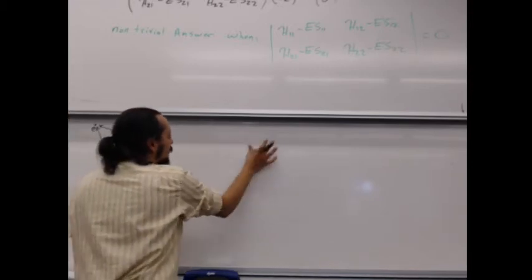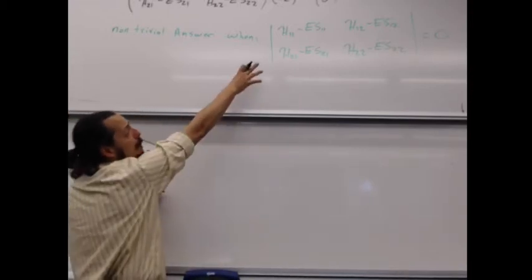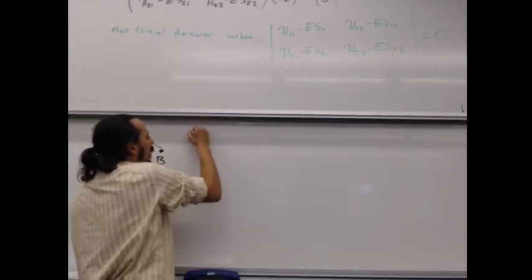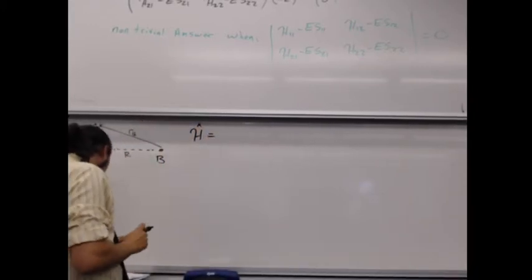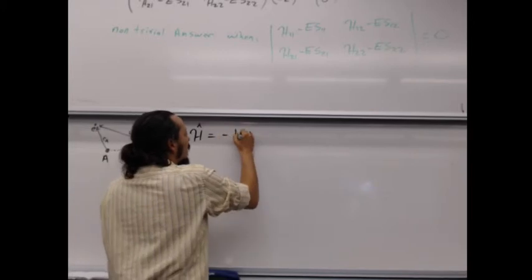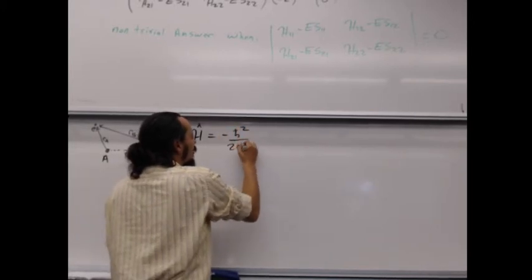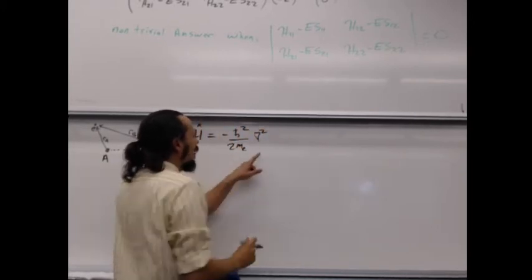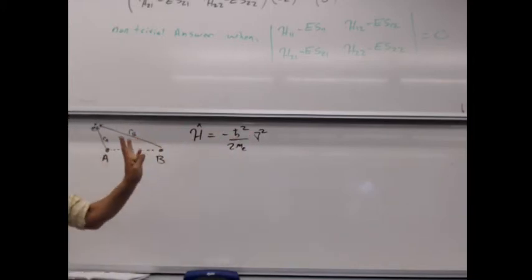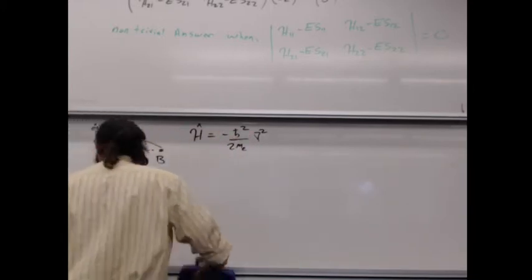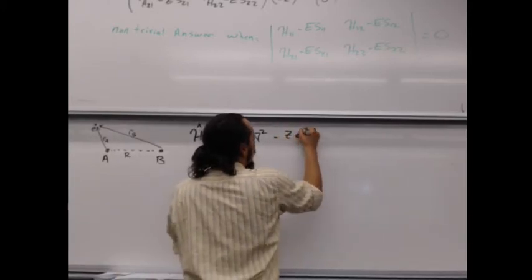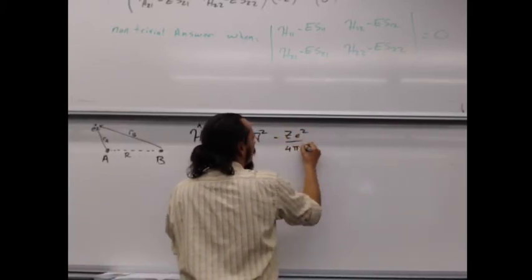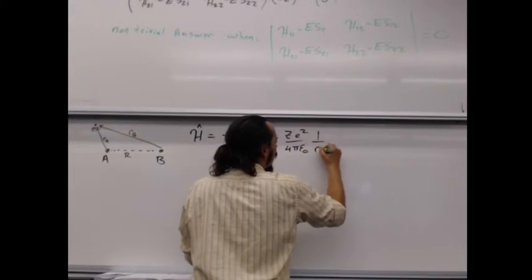So for this case, our Hamiltonian operator, not our H matrix elements, our Hamiltonian operator, would be negative h bar squared over 2me del squared. And notice I don't need a 1. I'm only doing 1 electron, so I only need 1 kinetic energy term. Minus ze squared over 4 pi epsilon naught 1 over Ra.